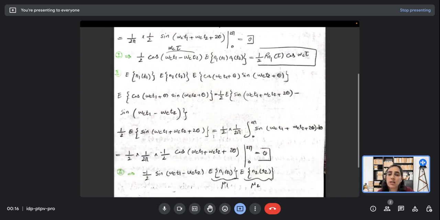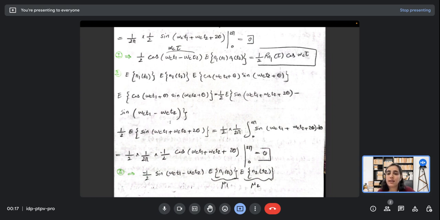Okay, for the second part, we have expected value of n1 times expected value of n2, and n1 and n2 are independent, so we can split them easily, and then we should calculate the expected value of cosine times sine. We have a formula for that: cosine of a times sine of b is equal to 1 divided by 2 times sine of a plus b minus sine of a minus b.